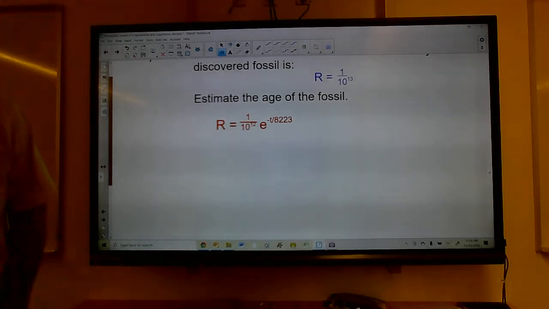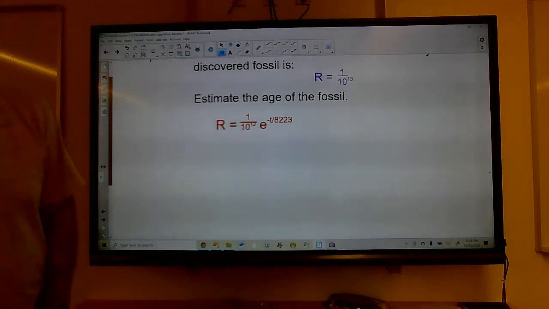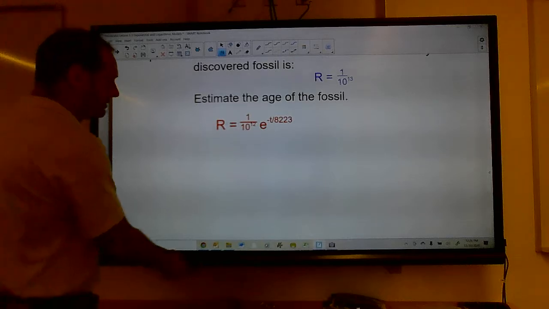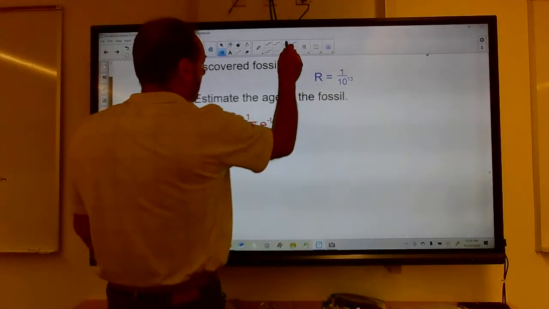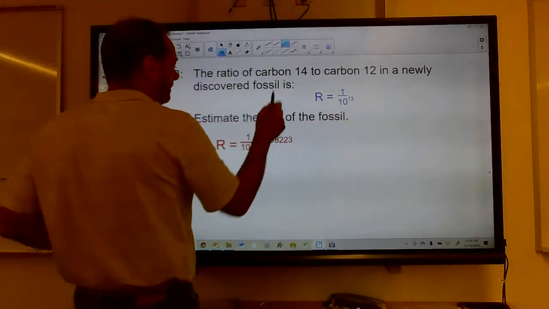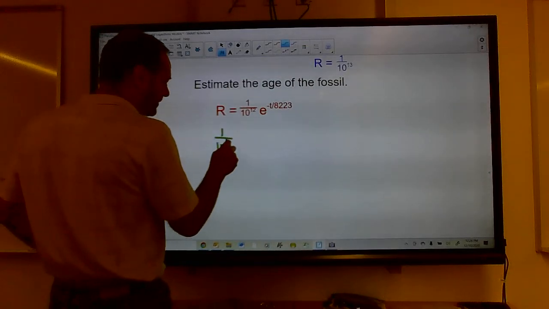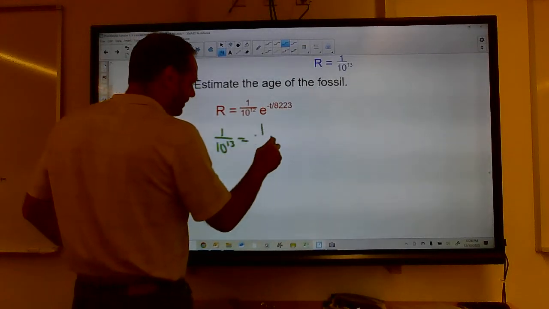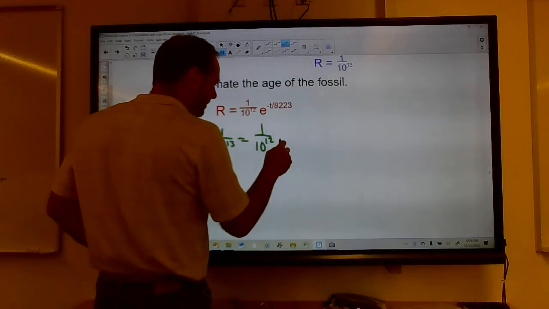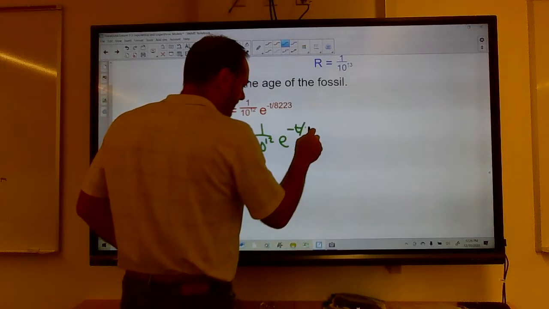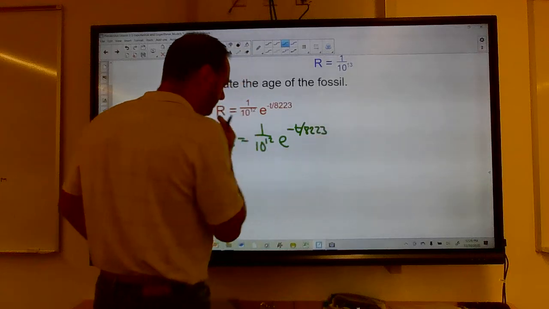Okay, so what we need to do is substitute this in for R. So I'm going to get 1 over 10 to the 13th power equals 1 over 10 to the 12th power, e to the negative t divided by 8,223.